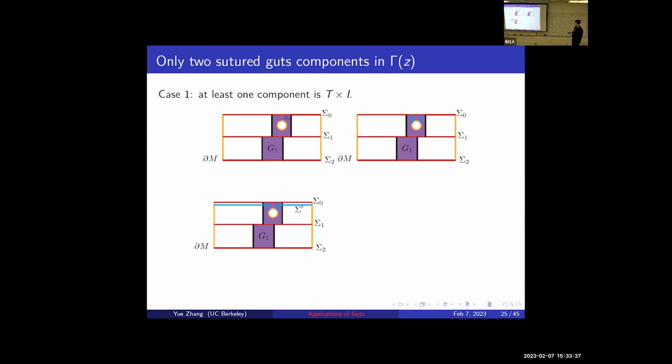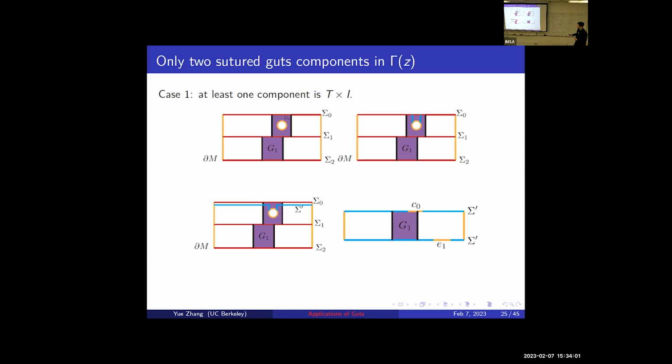I just want to mention this sigma prime is not taut, because the orientation on this boundary are opposite to each other. But this is allowed when you get a pair manifold. So I have this new sigma prime, and you just cut along it.